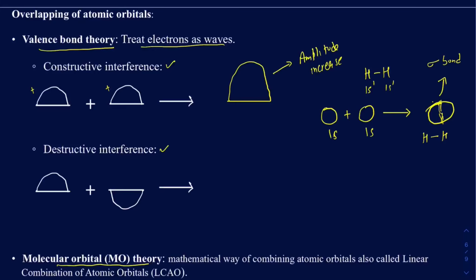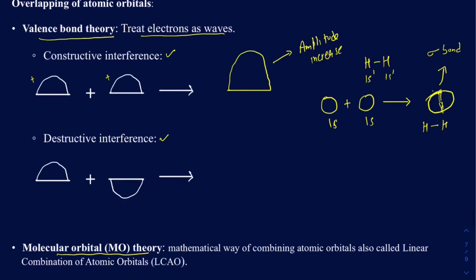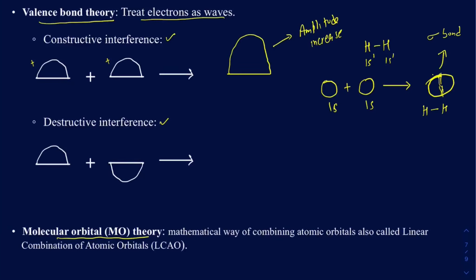However, if those two atomic orbitals meet with one another according to destructive interference, which means you have the positive side of one wave and the negative side of the other wave, when they meet together, those amplitudes are going to get canceled out, and then you may get just a flat line there with no amplitude. And when you get a flat line there, you also create a so-called node. That's where the probability of finding the electron is going to be 0.